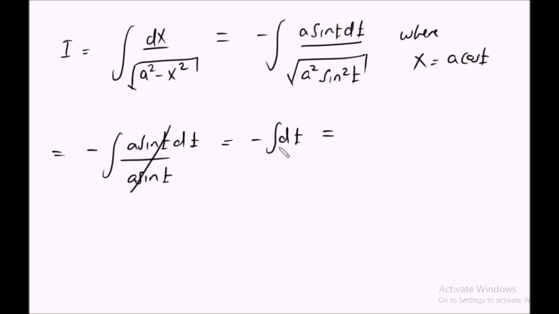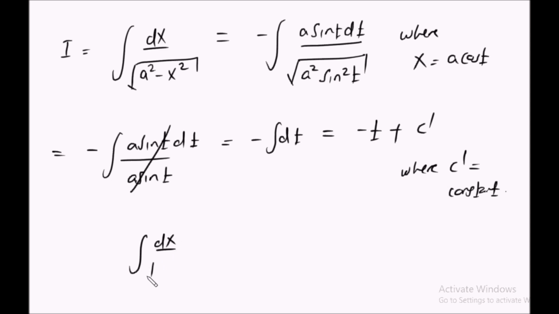So nikintegrate dt now, I only get negative t plus constant. So nimetumia c dash now badala ya c. So hii c dash is what? Constant. So finally now we have seen that hii integral a squared minus x squared ni sawa na negative t.